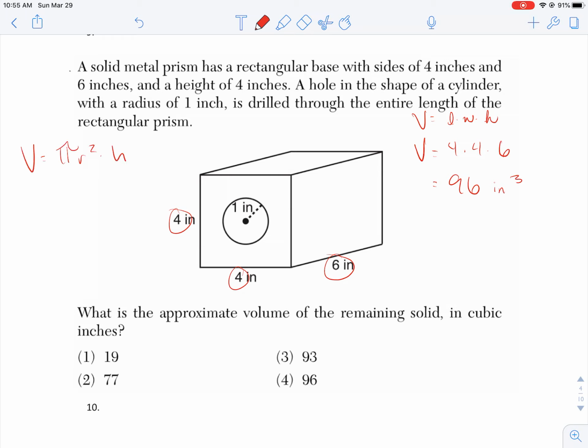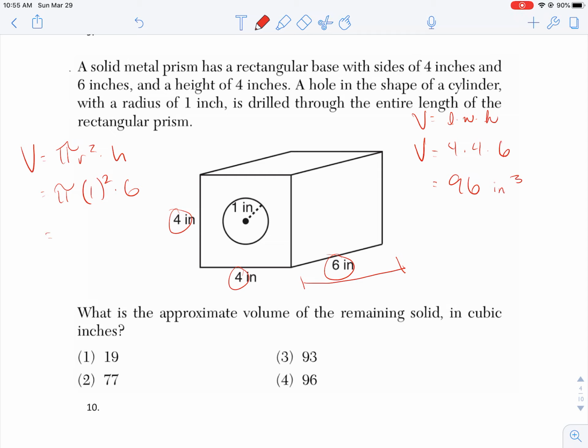All right, now we need to find the volume of the cylinder, which is pi r squared times the height. So in this case, pi times r, which is 1, squared, times our height, which is this length right there, 6 inches.